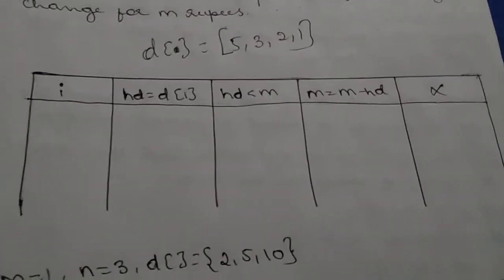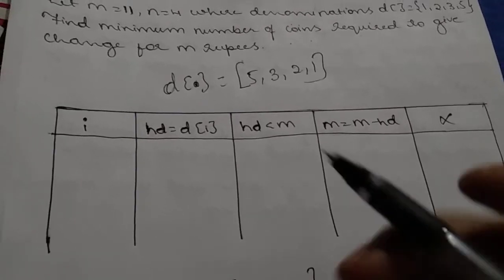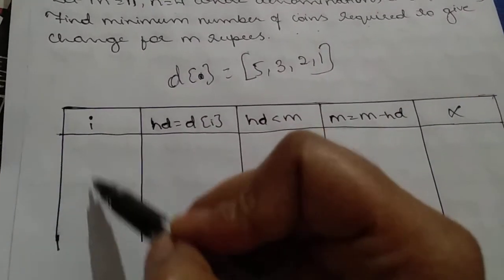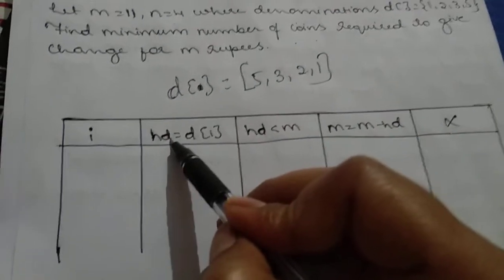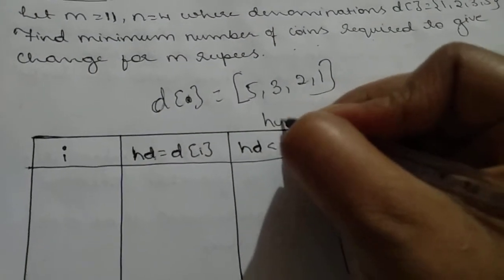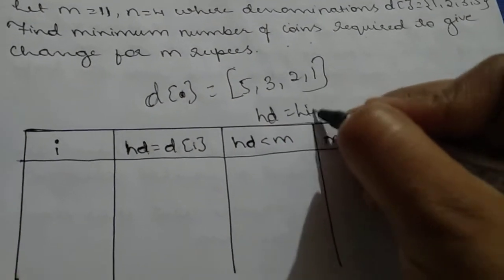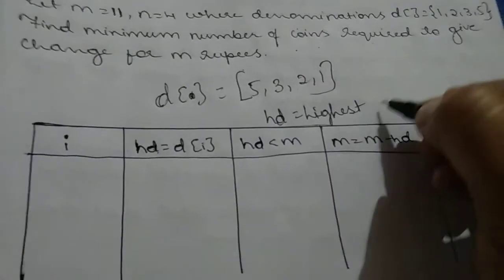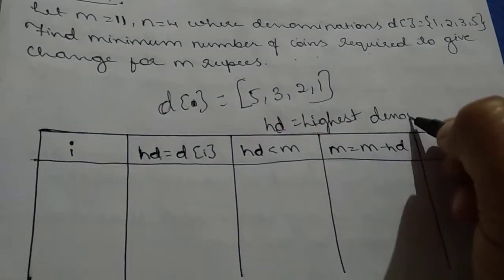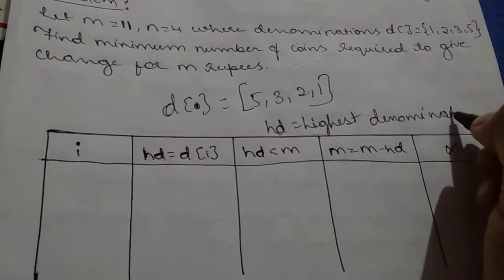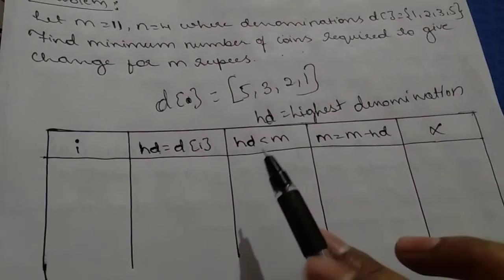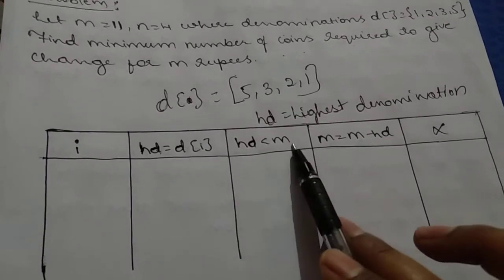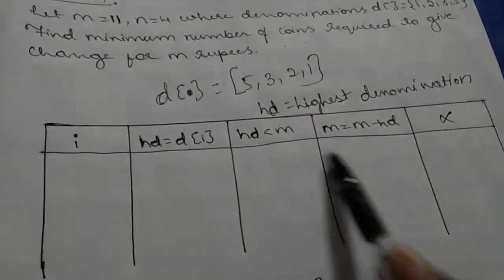This is the algorithm we have, means these are the steps you have to follow. I means the number of steps you have taken, and HD is the highest denomination. You have to check whether that highest denomination is less than your change, that is 11.